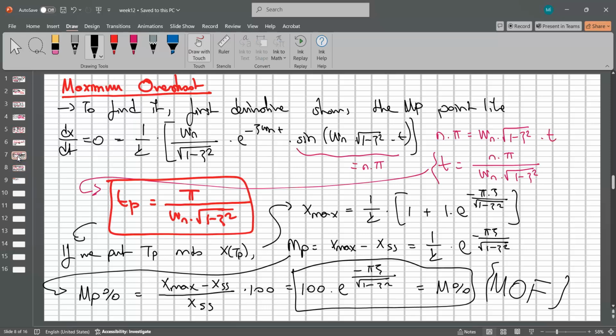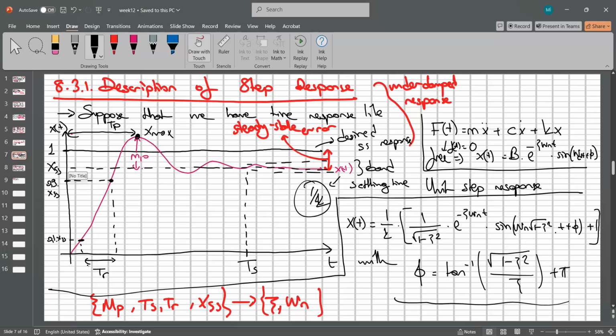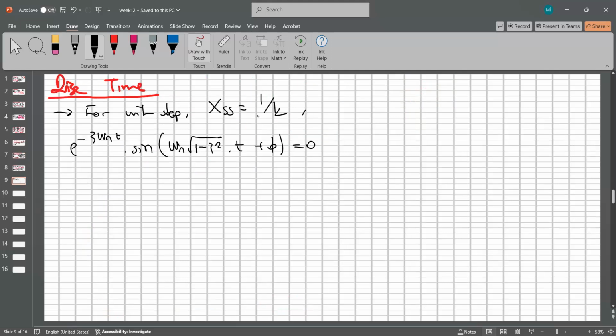Because in the rise time, see that T rise is equal to what? 0.1 XSS to 0.9 XSS, and so 0.8 times XSS must be utilized in here. But we have this solution in here at the XSS, and so this must also be equal to M times pi. Okay?